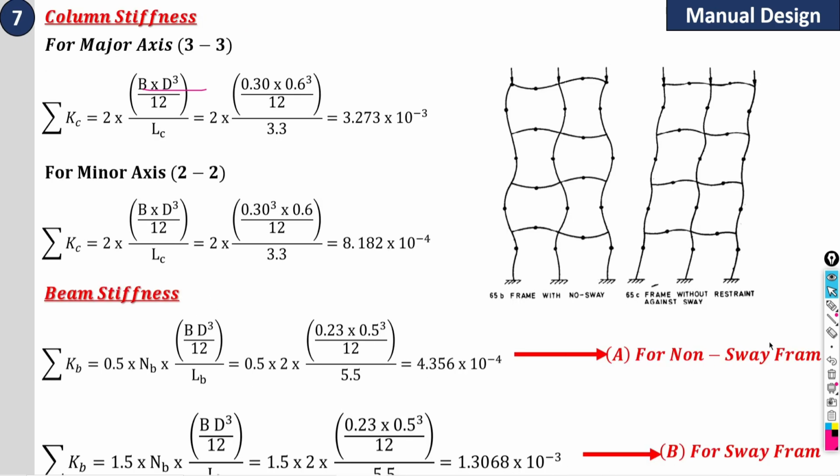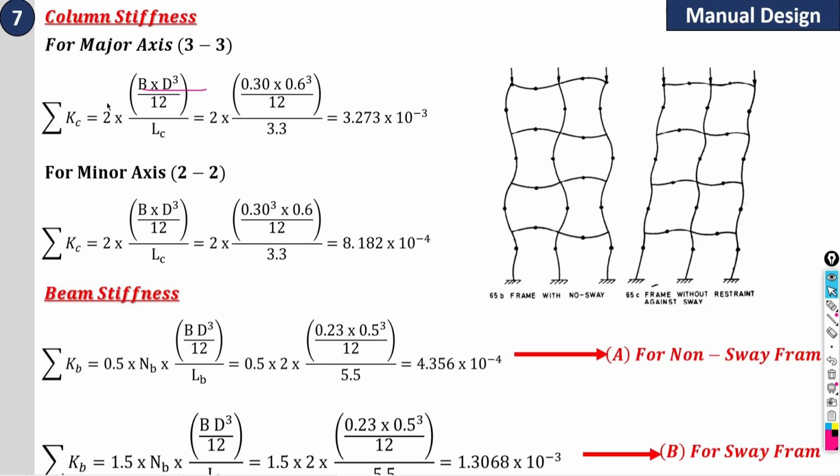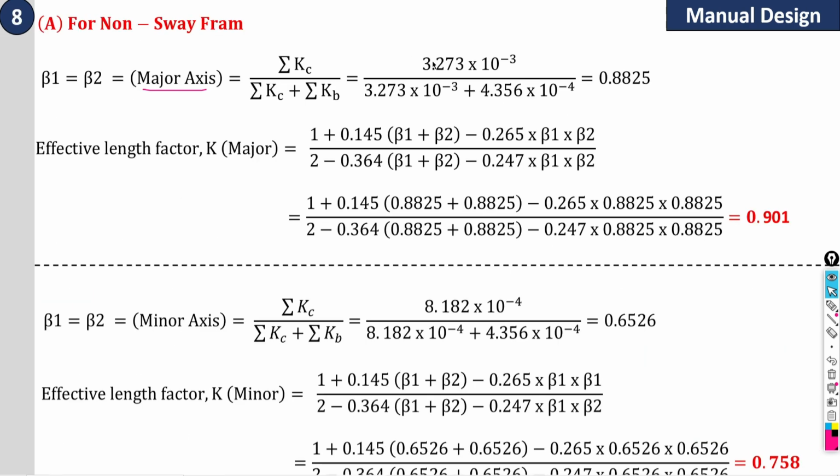Okay, for non-sway 4.356, so here 4.356 is the kb value, and for the major axis, the kc value is 3.273, as you can find here. After doing this calculation we are getting the value of beta 0.8825.